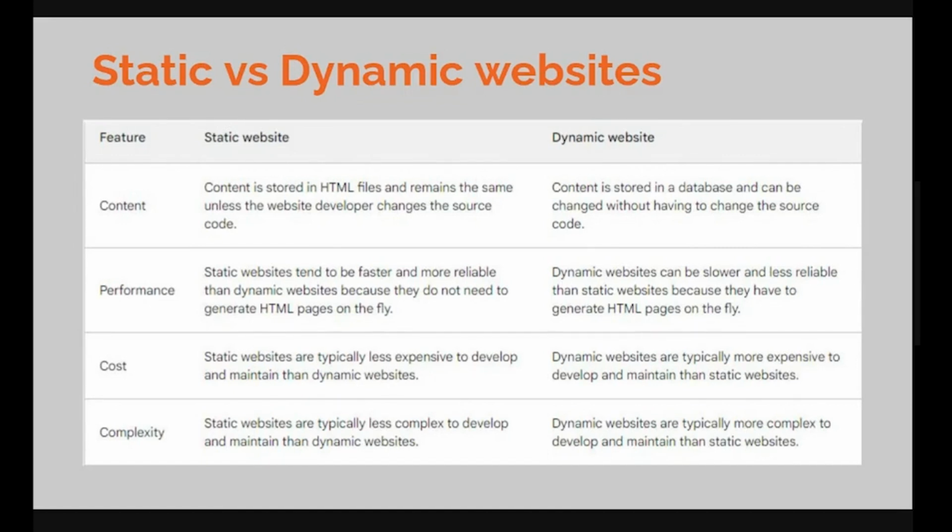Every time I refresh, a particular image has to load. Every time I go to a subsection of a product, HTML pages have to be produced on the fly, instantly, for me to see what I'm looking at. All of these things affect the performance of the website, and that can make it slower or less reliable.